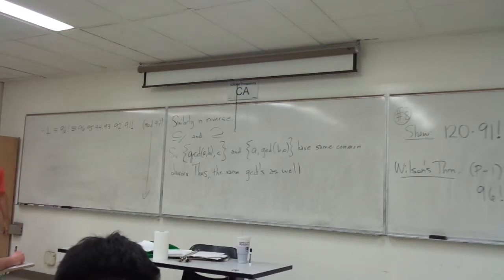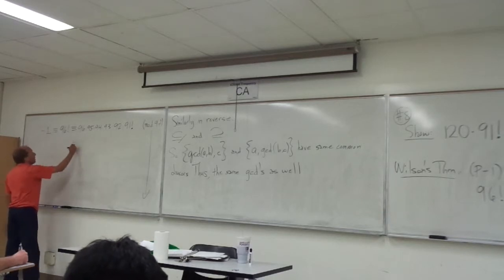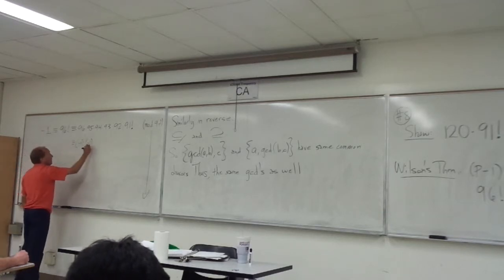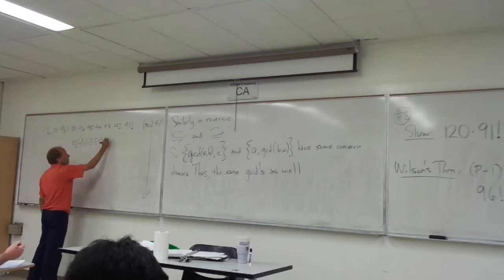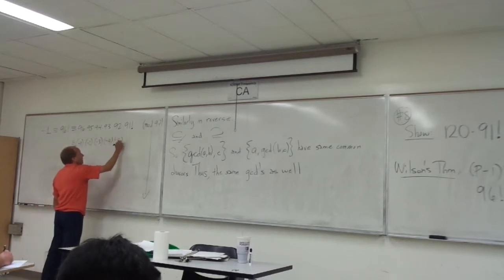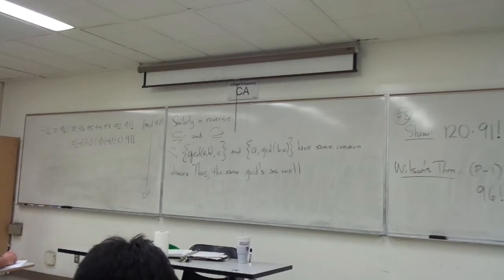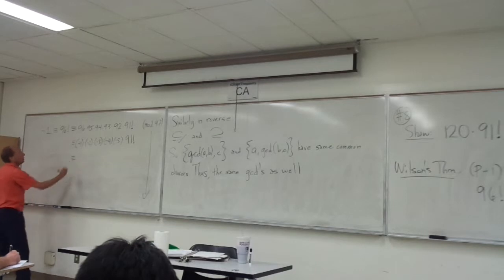Just subtract 97 from everything, and we're going to get -1 here, -2 here, -3 here, -4 here, -5 here, and then we'll leave 91 factorial because we're happy with that. That's part of the expression we're trying to prove. And this comes out to be -120, right?